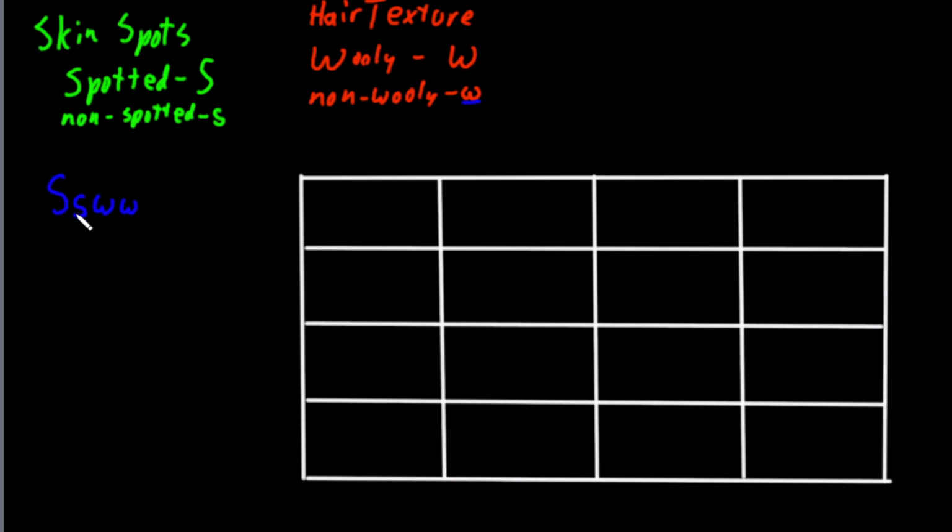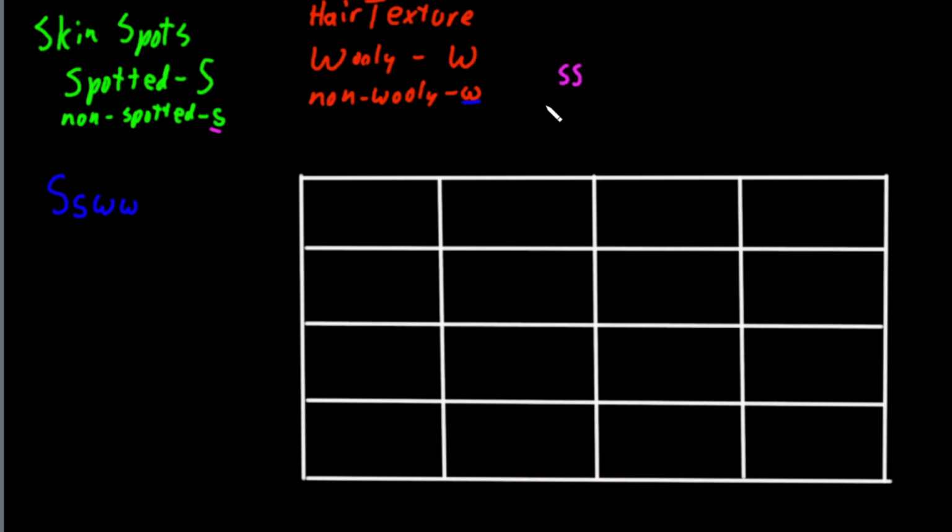Okay, heterozygous spotted non-woolly man with a non-spotted, let's see, we'll get the pink, non-spotted, which is little s, with a heterozygous woolly-haired non-spotted woman.